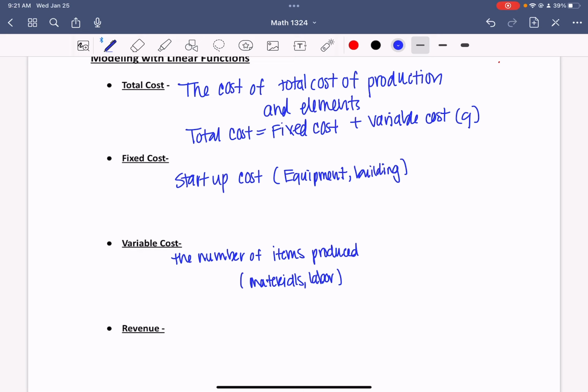If we make more cups, our building cost is not going to go up. The equipment to make the cup is not going to go up, but the plastic to make the cup we have to buy more of. If we're selling a whole lot of cups, we might have to employ more labor or pay more labor for people to make the cups using the said machines, etc. So your variable cost is the one that's based off your quantity.